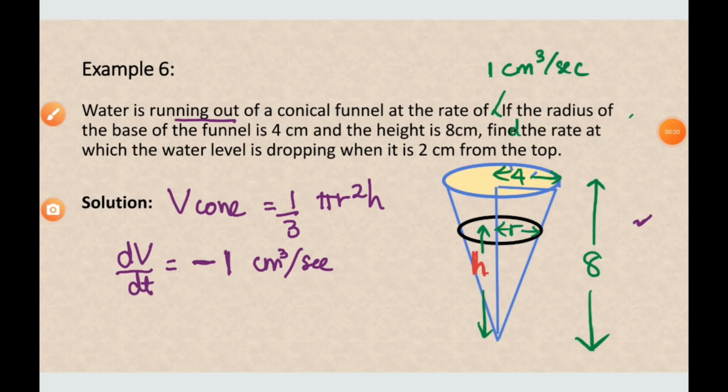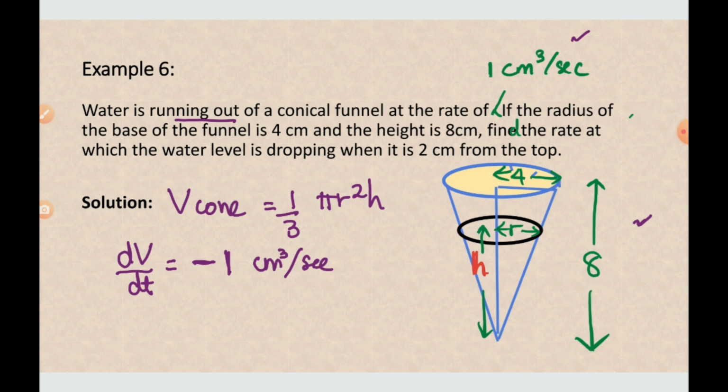Okay, now we continue example 6. Water is running out of a conical funnel at the rate of 1 centimeter cube per second. If the radius of the base of the funnel is 4 centimeter and the height is 8 centimeter, find the rate at which the water level is dropping when it is 2 centimeter from the top.